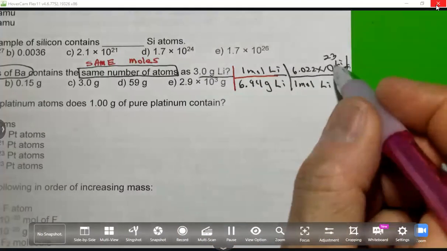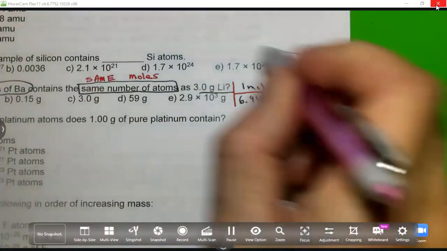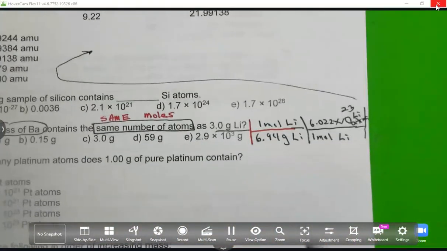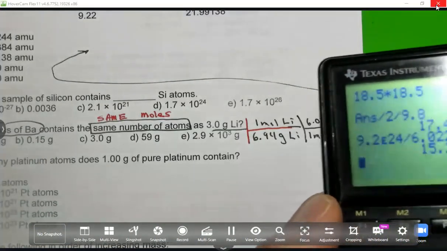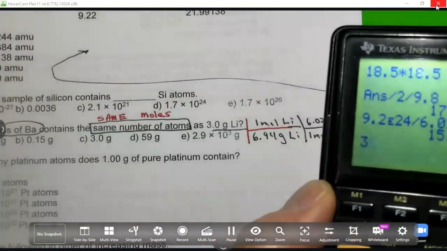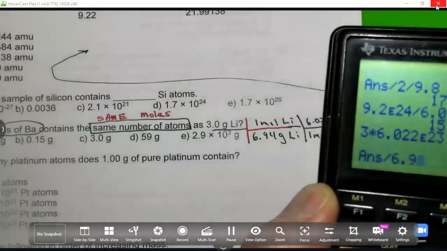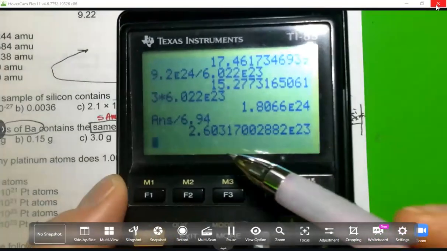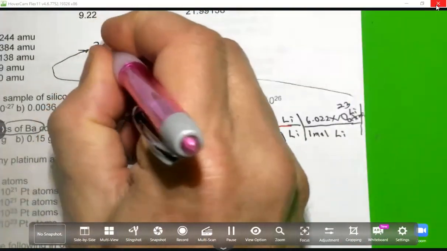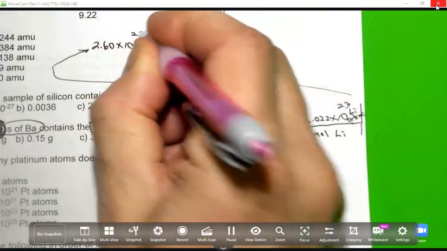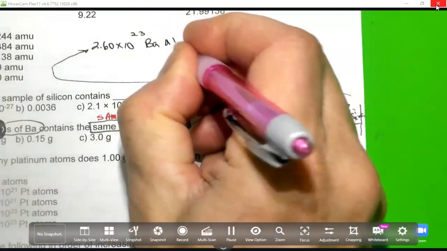So the long way then is to take, I'm going to go up here with it. Now you could say, well, get that answer. So we've got 3 times 6.022 times 10 to the 23rd, and when we divide by 6.94, the number of atoms we have is 2.60 times 10 to the 23rd. So now we have 2.60 times 10 to the 23rd barium atoms, right? It's the same.